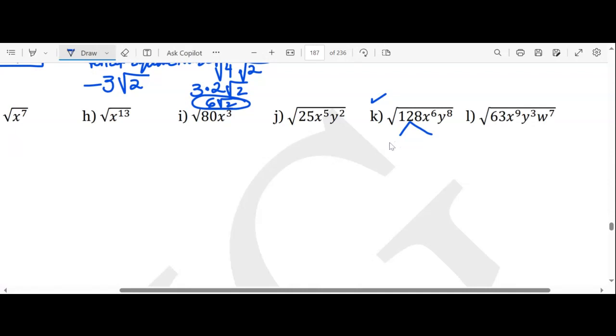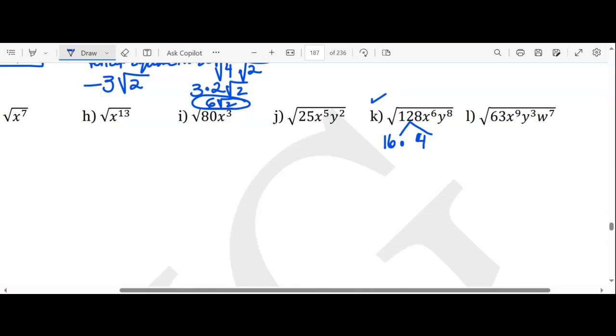How much? 16 times what? 16 times 4? That gives you 128? No. Use the calculator.